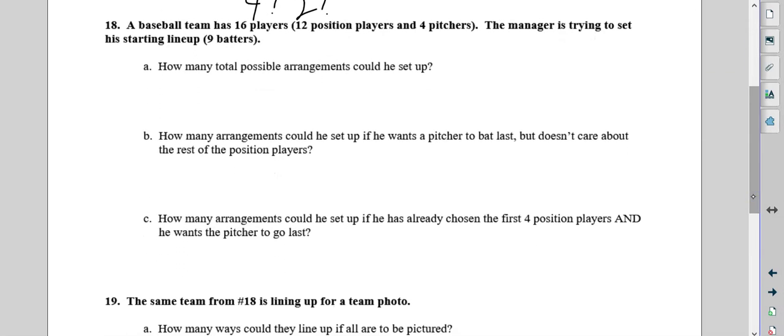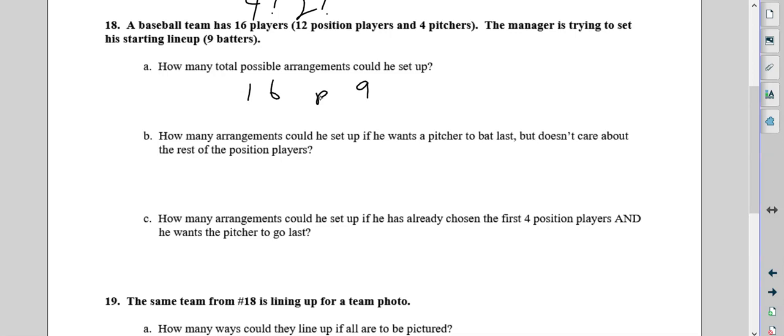A baseball team has 16 players, 12 position and 4 pitchers. The manager is trying to get his starting lineup of 9 batters. Okay. Well, right here, we have 16 players. We're picking 9. That is nPr because it's positions.